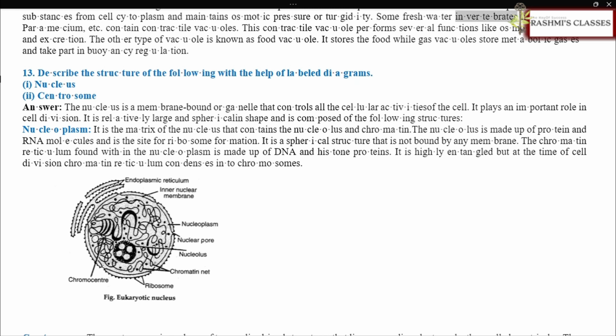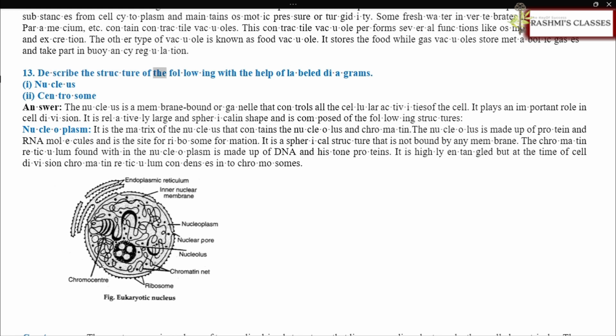Some freshwater invertebrates like amoeba, paramecium, etc., contain contractile vacuoles. This contractile vacuole performs several functions like osmoregulation and excretion. The other type of vacuole is known as food vacuole. It stores the food while gas vacuoles store metabolic gases and take part in buoyancy regulation.